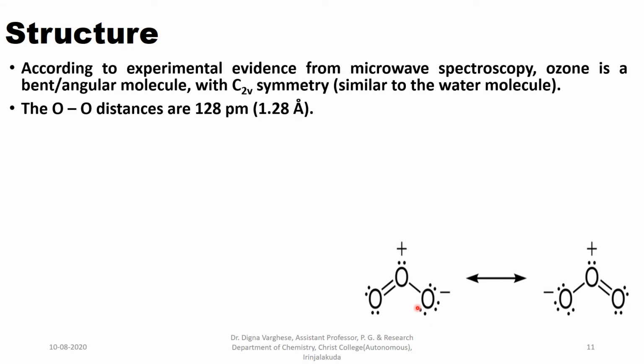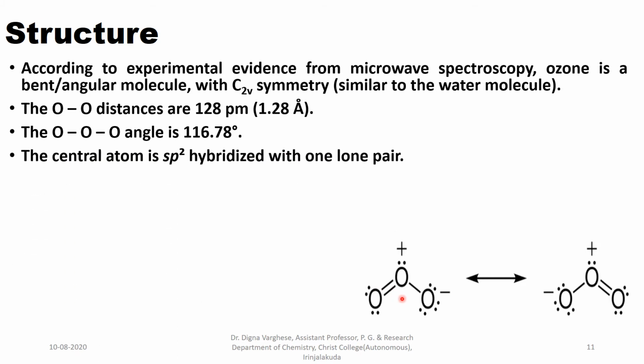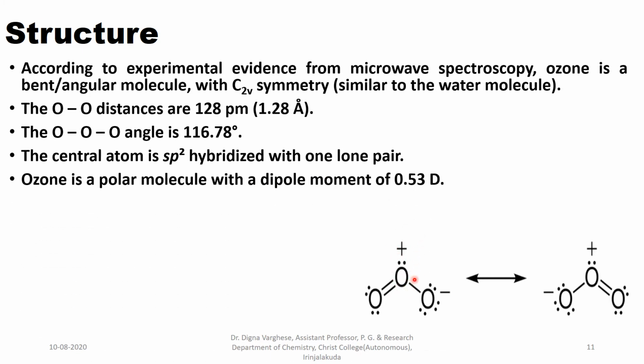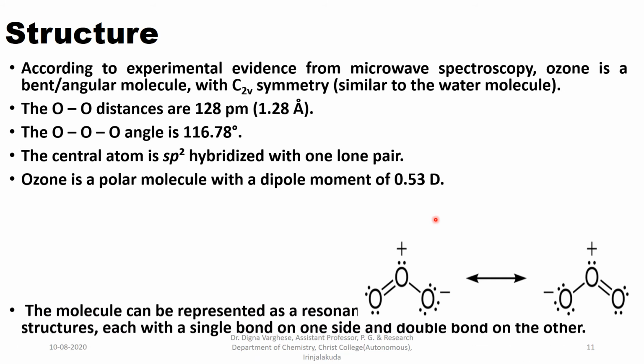The oxygen-oxygen distance is 128 picometer, that is 1.28 angstrom, and the oxygen bond angle is about 116.78 degree. The central oxygen atom is sp2 hybridized with a lone pair of electrons, and ozone is a polar molecule with a dipole moment of 0.53 D.